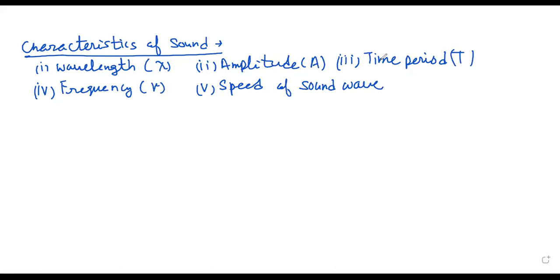Okay. Now let's discuss these one by one. To explain all these terms, I would like to draw a diagram, with which it will be easy for me to explain all the terms.